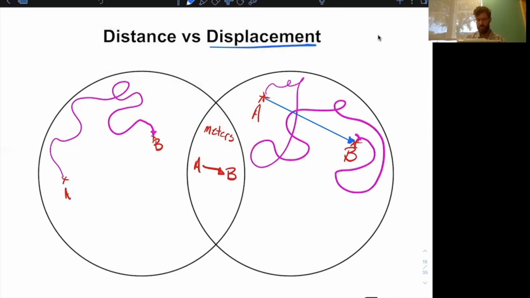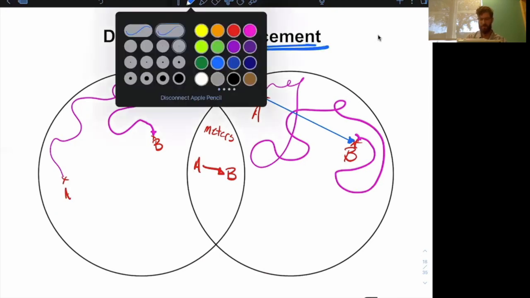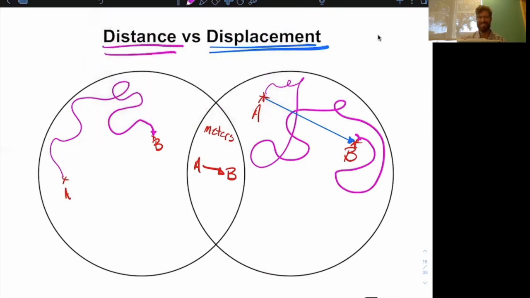This is displacement versus distance. Displacement is not the path that you travel. It is a straight line from A to B. We're not talking about all the loops that you went. What is the straight line from A to B? That is your total displacement. It is not the journey. It's the final destination.